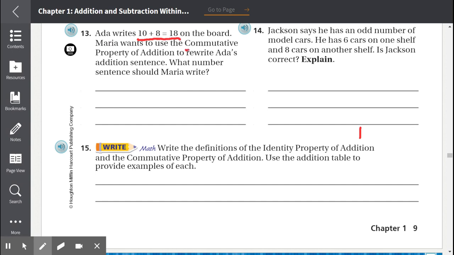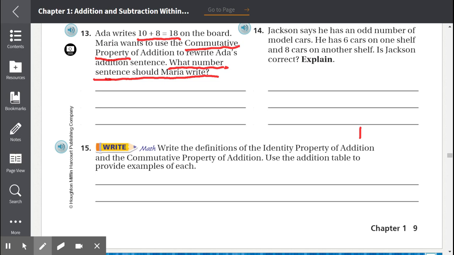So we have to underline the commutative property because that's important. To rewrite Ada's addition sentence. So we have to rewrite Ada's addition sentence using the commutative property. Now the question, which tells us what to do: what number sentence should Maria write?